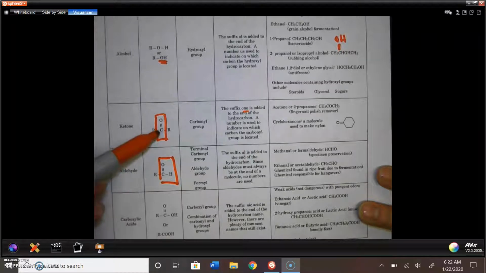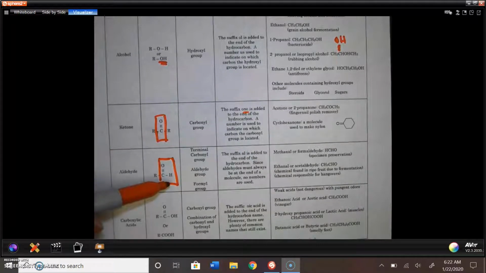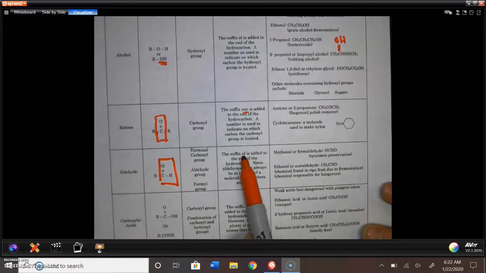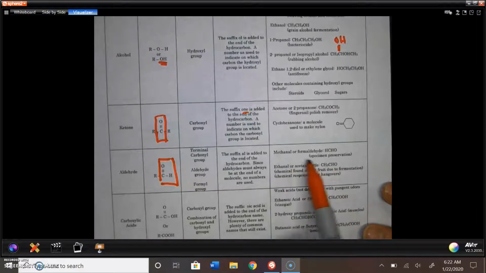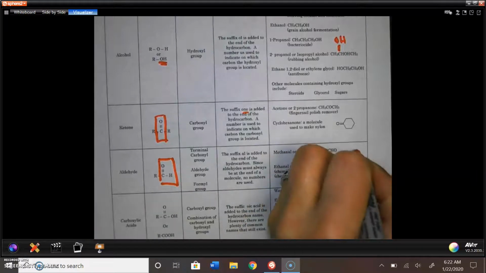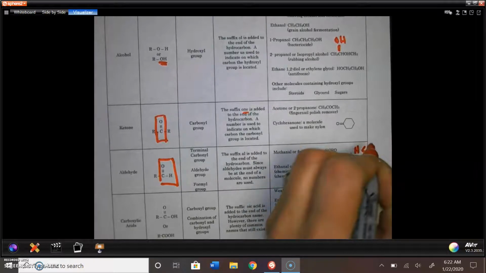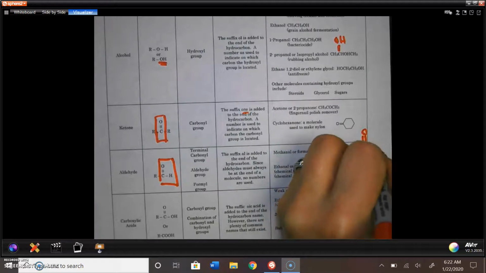Ketones are in the middle of the chain, aldehydes are at the end of the chain. Okay, aldehydes you can name with an -al ending. So methanal is actually more commonly known as formaldehyde. So here's methanal, it's H, C, double bonded O, and then another H. So that's methanal, aldehyde.